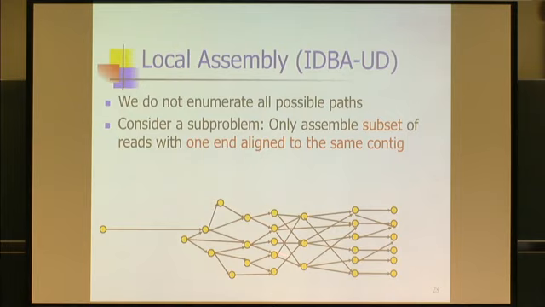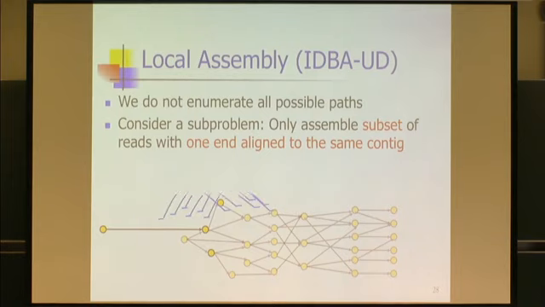We do not enumerate all the possible paths. We try to consider a subproblem, because we know that most of the edges here do not matter. They're not related to the single genome. So we identify all the paired-end reads such that one of the ends belongs to this contig, and then we identify which edge or vertices the other end belongs to. We only identify that subset of reads and then do a local assembly.